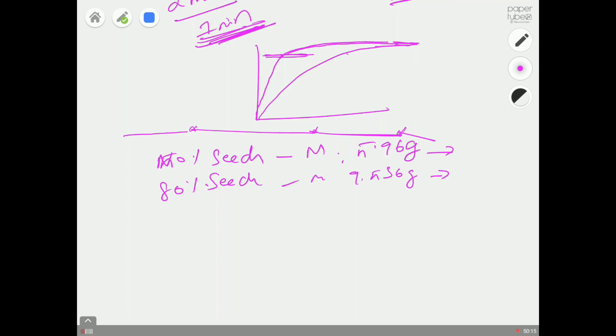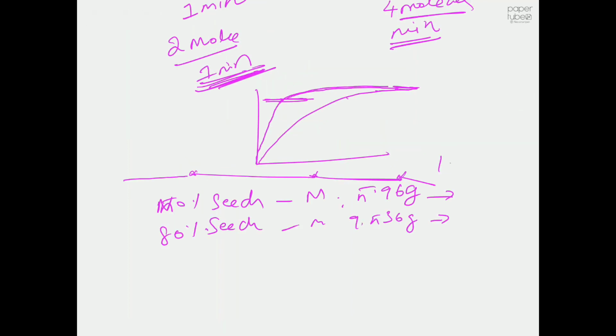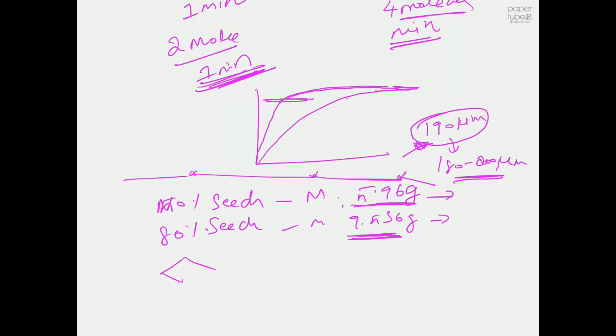We know the particle size ranges from 180 to 200 microns, and if we assume they are spherical with an average particle size of 190 microns, then from the average seed size, the mass that we added in the crystallizer, and the shape of the paracetamol crystals, which will be something like this, we can calculate, quantitatively, the number of crystals in this one and the number of crystals in this one.